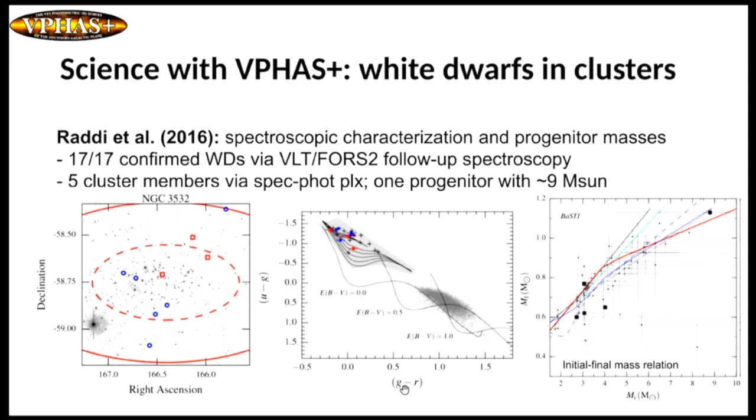In particular, the work was very interesting because we found a candidate that may be coming from a progenitor that was a 9 solar mass star. So a very massive star that didn't become a neutron star, but managed to become a white dwarf.